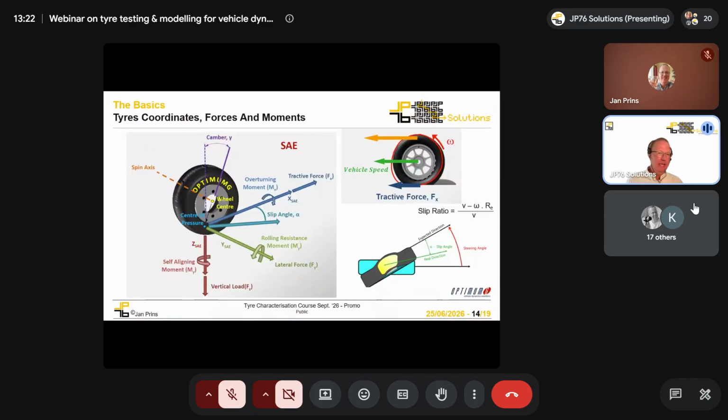No grip without slip. So in order to generate forces, a tyre needs to slip a little bit. There's a longitudinal slip ratio definition on the screen there, and then there's also a slip angle, with a definition on the screen for how that's defined.